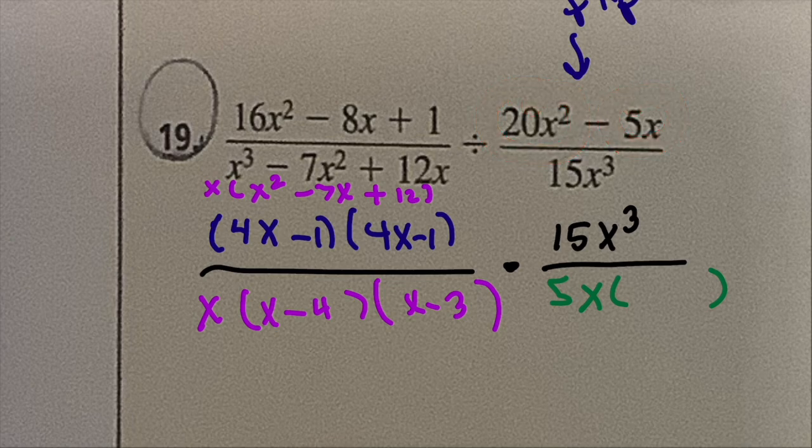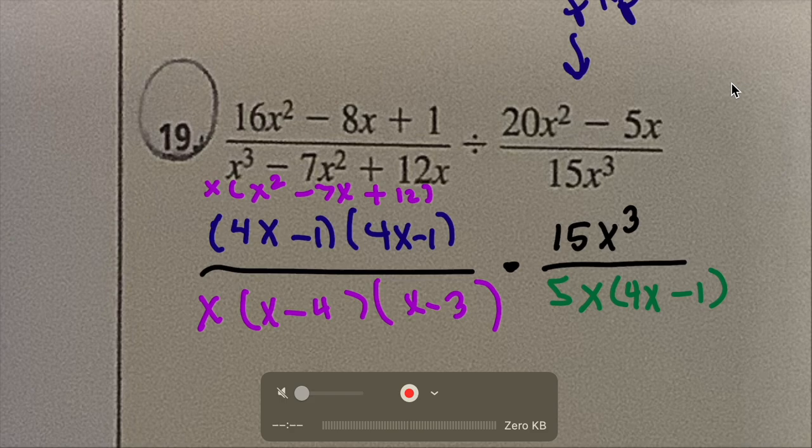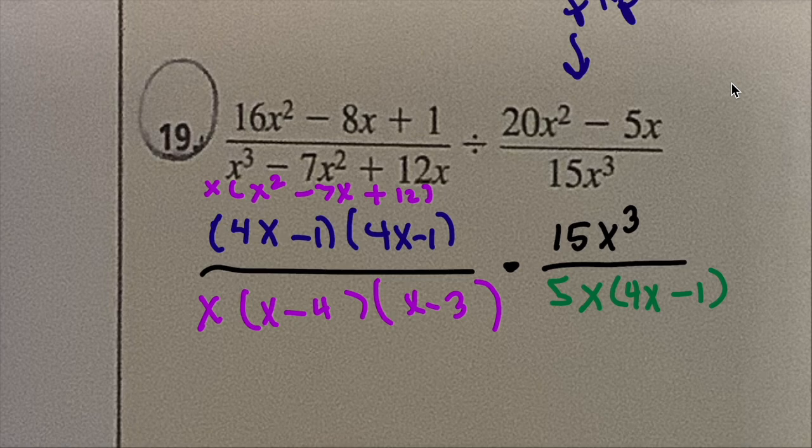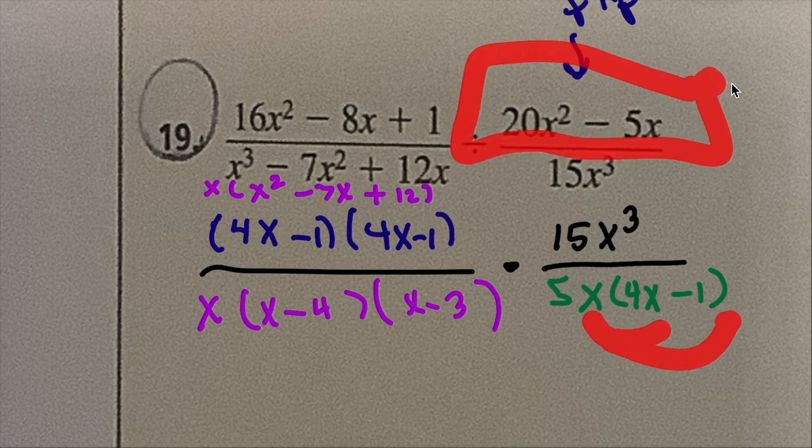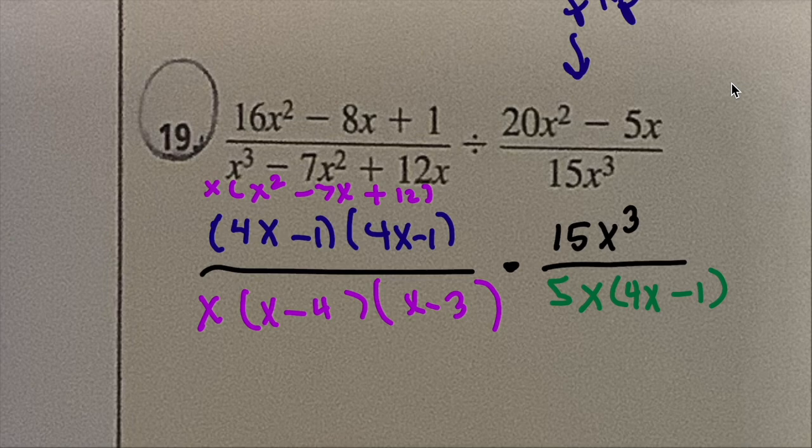If I take out 5x from 20x squared, I need a 4 and an x to remain. And if I take out 5x from 5x and there's just a negative there, make sure you put the negative 1. Now you can check your work. Go ahead and check. If you were to distribute that in, you better get 20x squared minus 5x, or you didn't do it right.